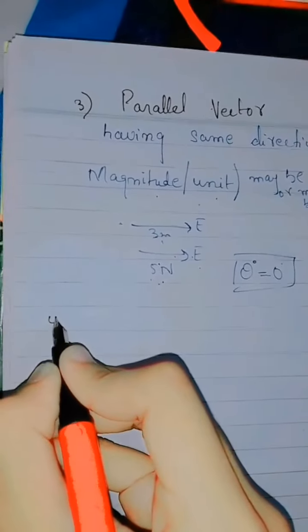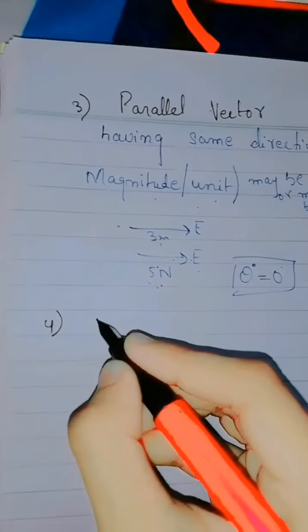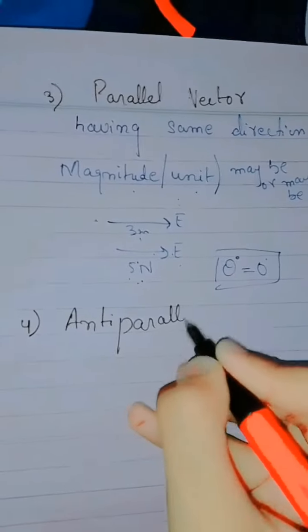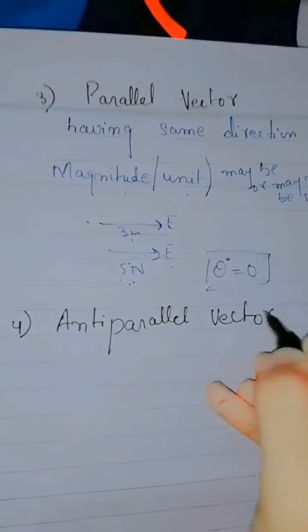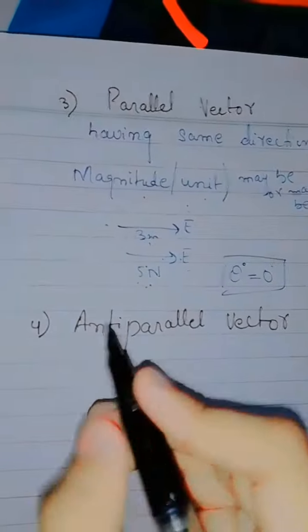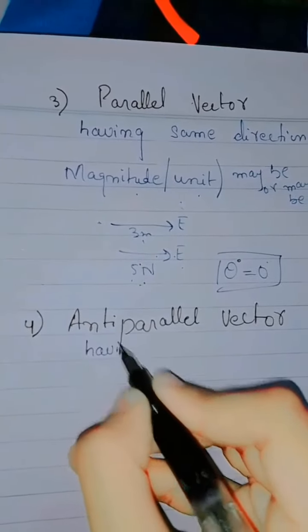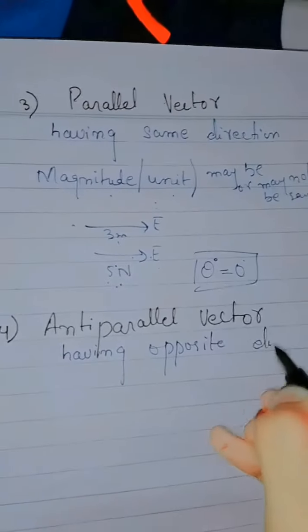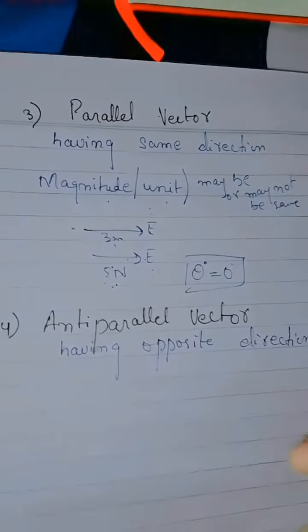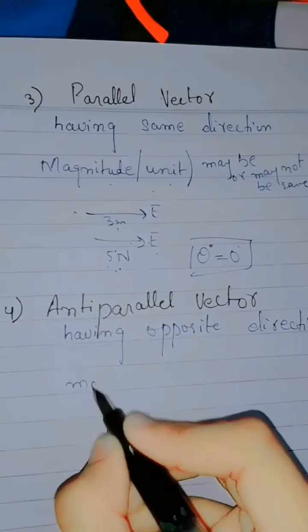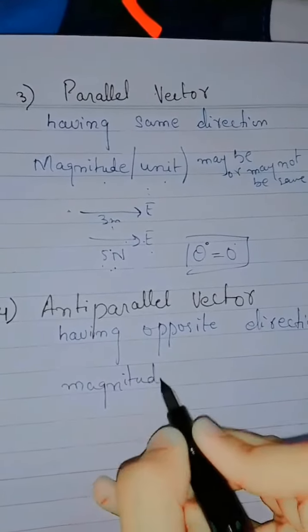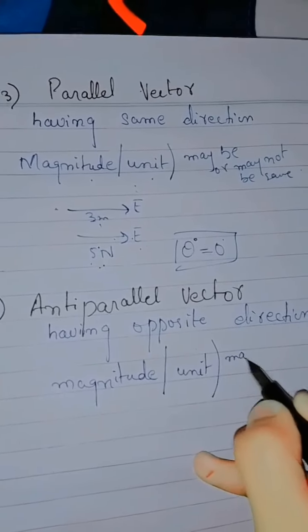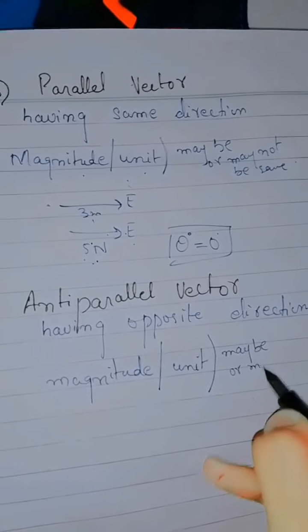Now the fourth type, the opposite of parallel, anti-parallel vector. What is anti-parallel vector? Vectors having opposite direction, where the magnitude and unit may or may not be same.